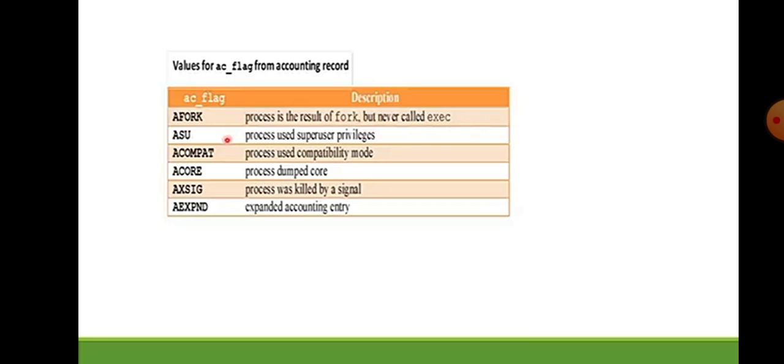Okay, and ASU, when a process used super user privileges, and when a process used a compatibility mode, ACOMPAT is set, and when the process dumped core, ACORE flag will be set, and AXSIG is set when the process was killed by a signal. Okay, and AEXPND is used to set the expanded accounting entry.